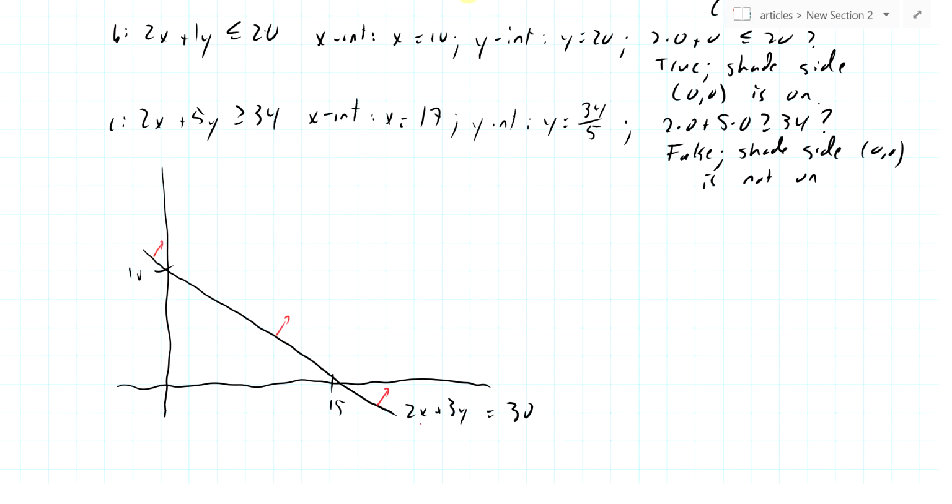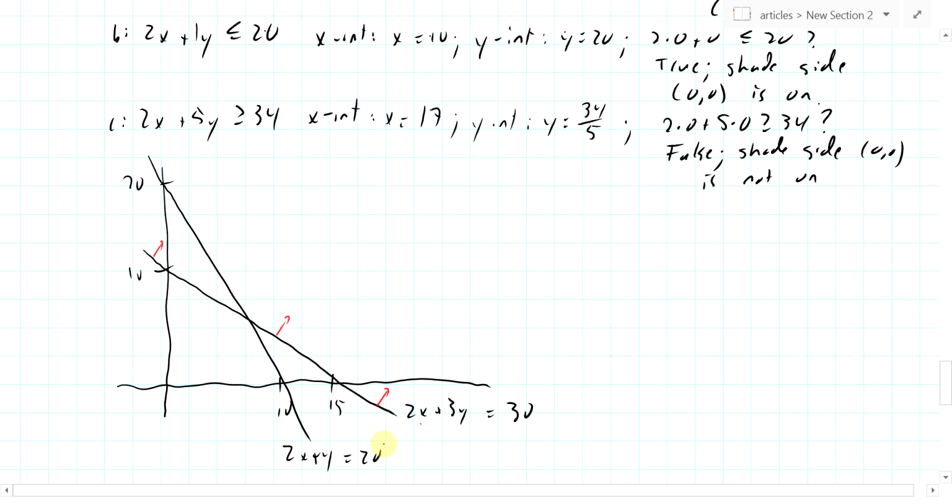Okay, now x-intercept is 10 here for this line, y-intercept is 20. And that's 2x plus y equals 20, and we want the side 0, 0 is on for that one. So we want that side.